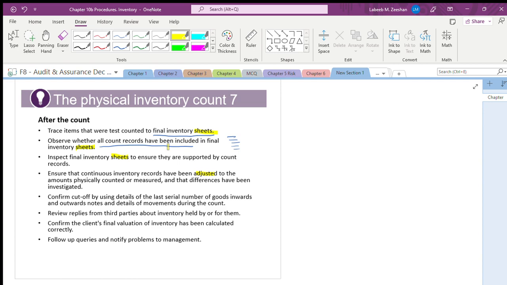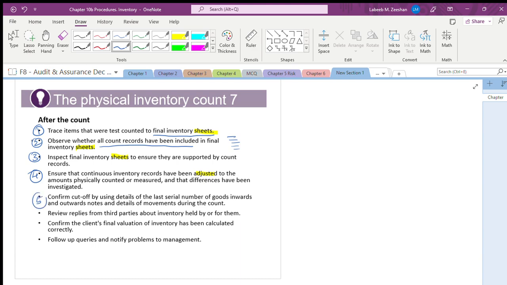And we have to make sure, point number 4, I will put 1, 2, 3 and 4: continuous inventory records have been adjusted with the physical counts. And if there are any differences, you have to identify them.